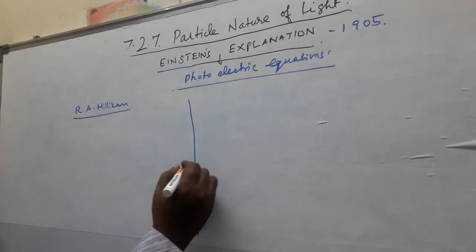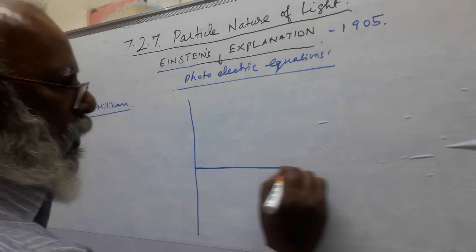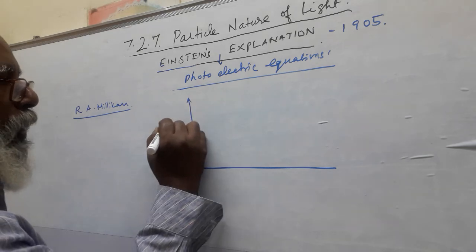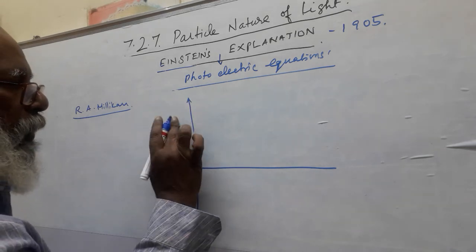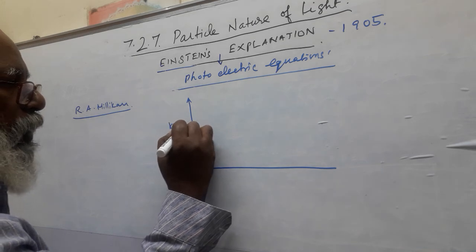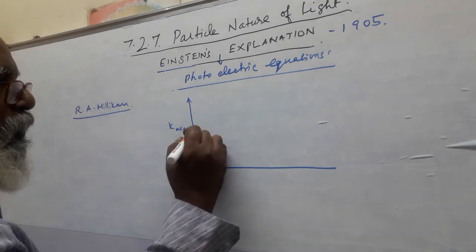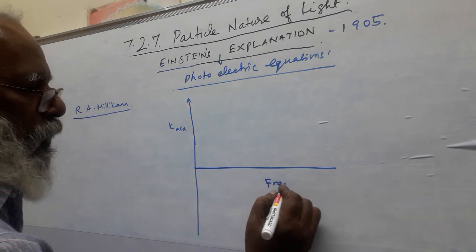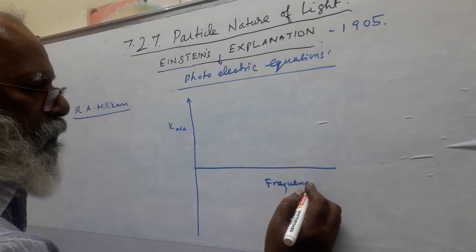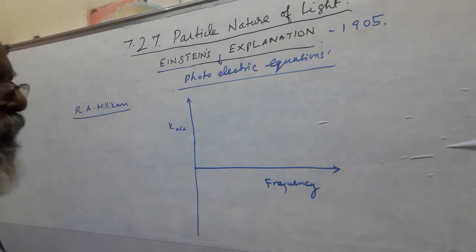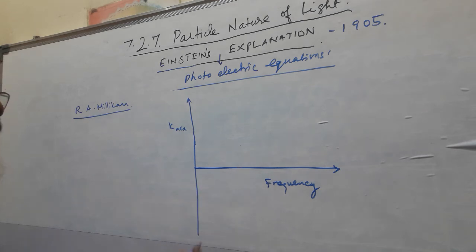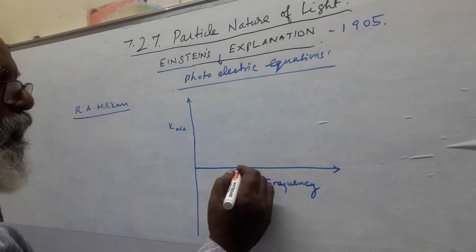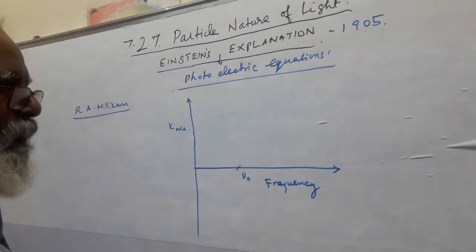We already drew it like this, with K maximum on the y-axis, that is the kinetic energy of the electron, and frequency on the x-axis. Then, as we already said, there is a threshold frequency, and this is a straight line.